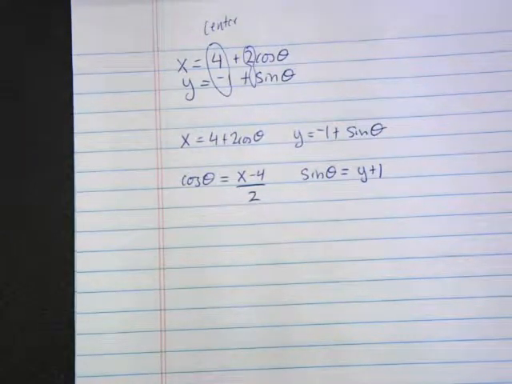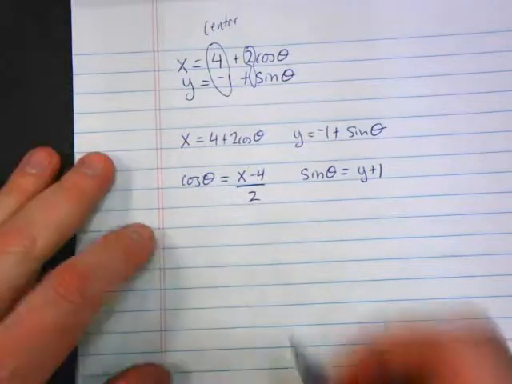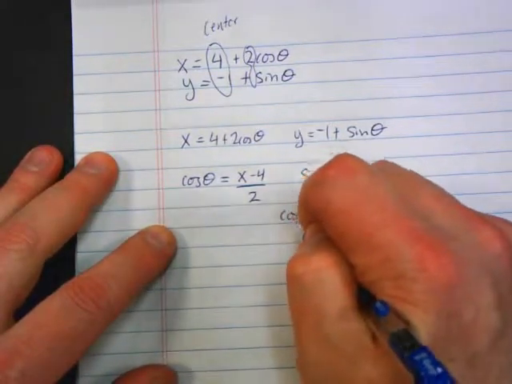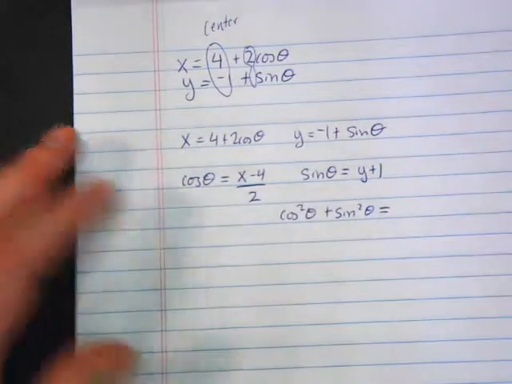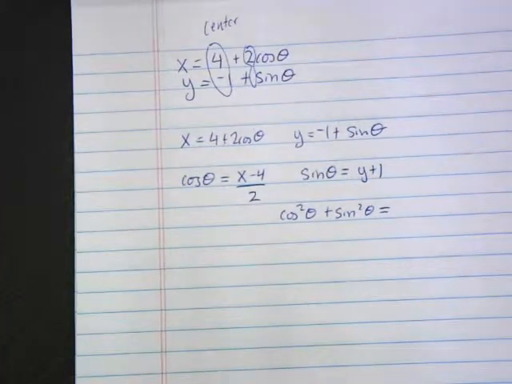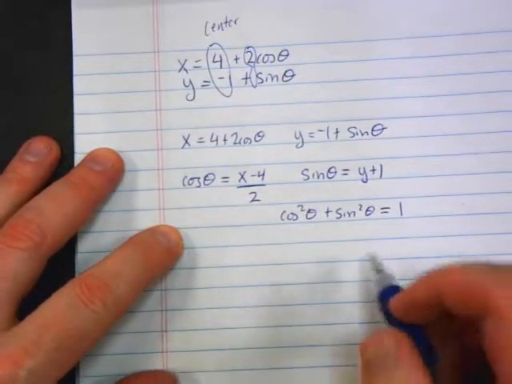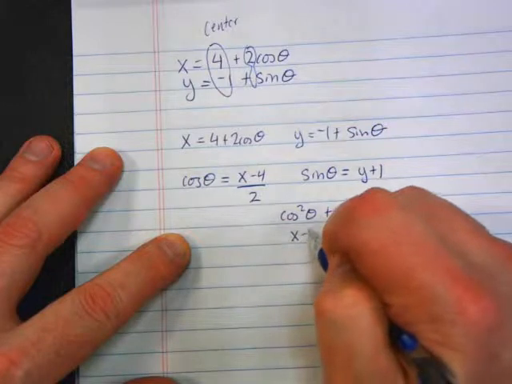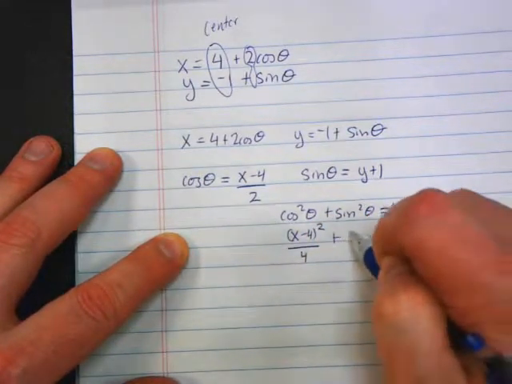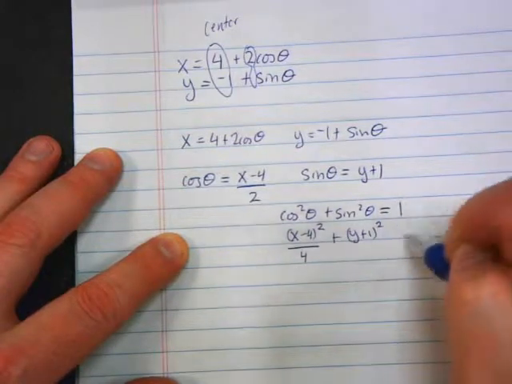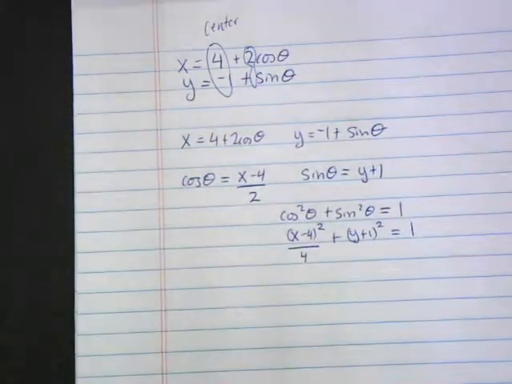And then I'm going to use my very favorite trig identity. My very favorite trig identity is cosine squared plus sine squared equals 1. So I end up with x minus 4 squared over 4 plus y plus 1 squared equals 1.